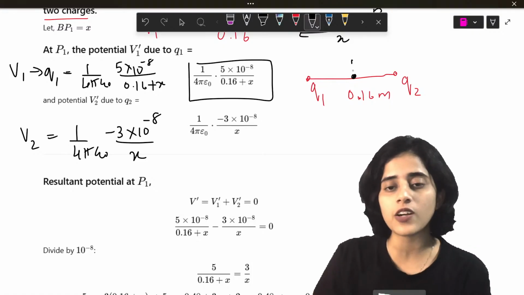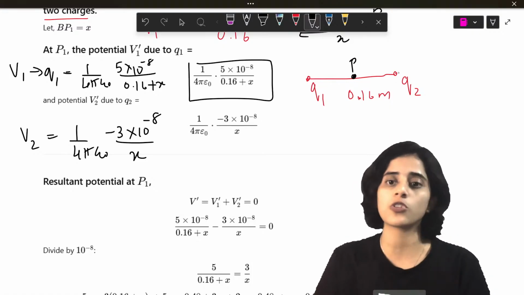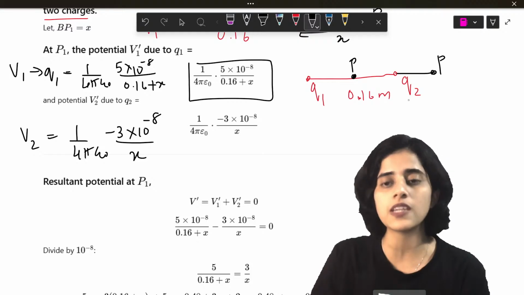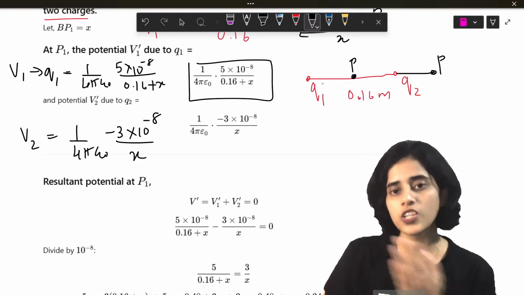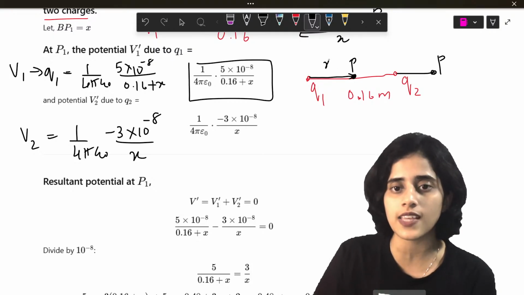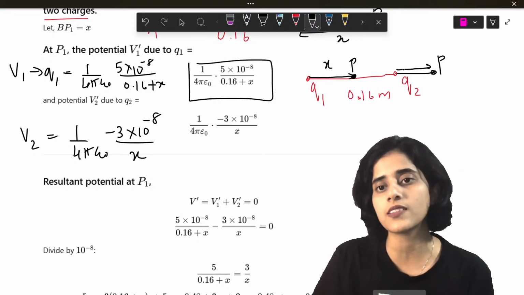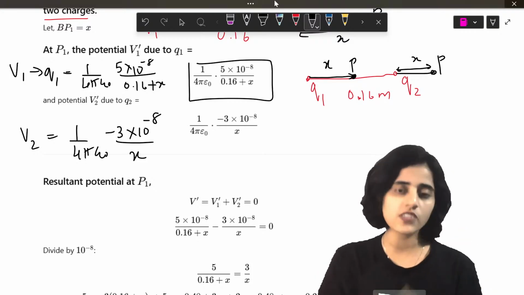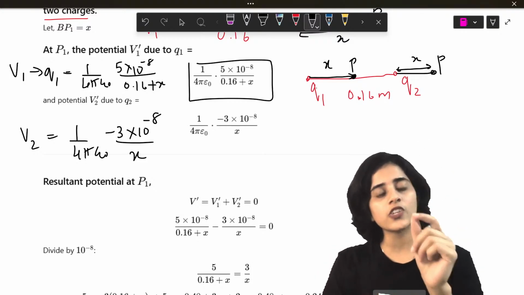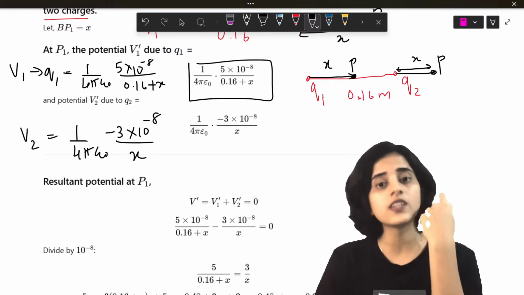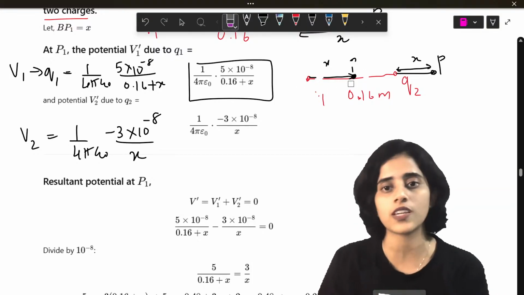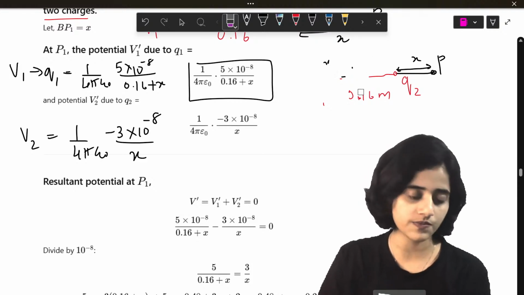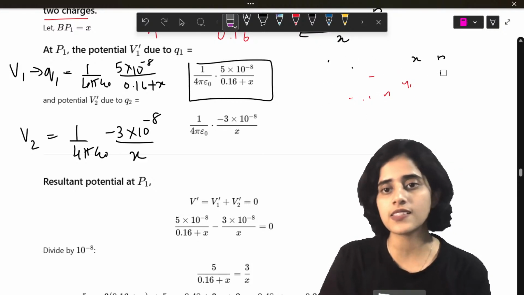So first I find out a point P here where potential could be 0. Then I take a point P here where the potential could be 0. For the first point I will take this as x. For the second one I will take this as x. And I will just find out the potential because of Q1 and Q2 and add them for both the cases. That's all.